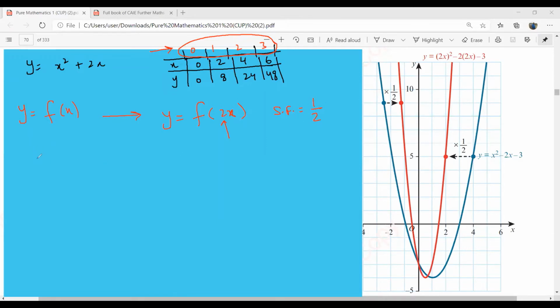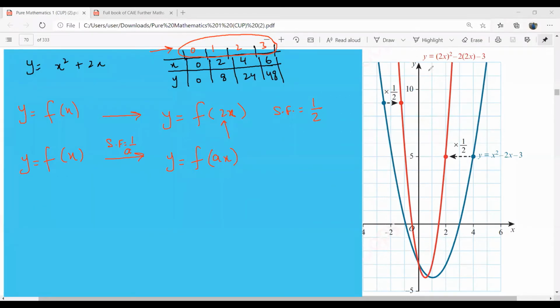So you must note it down that if you have a function y is equal to f of x, and you have a scale factor which is 1 over a, then the new equation for the image of that function's stretch with the scale factor 1 over a parallel to the x-axis would be f of ax. We can get this reinforced through this example over here.